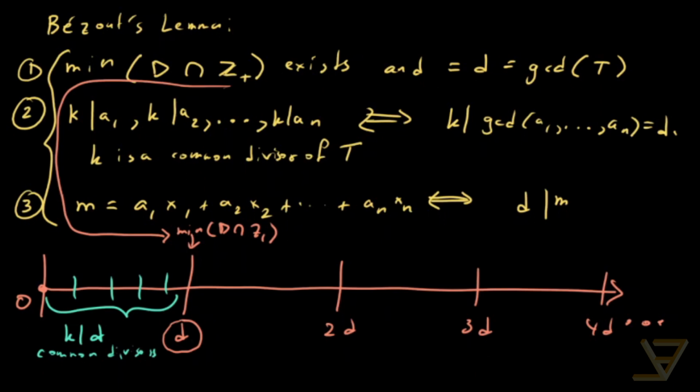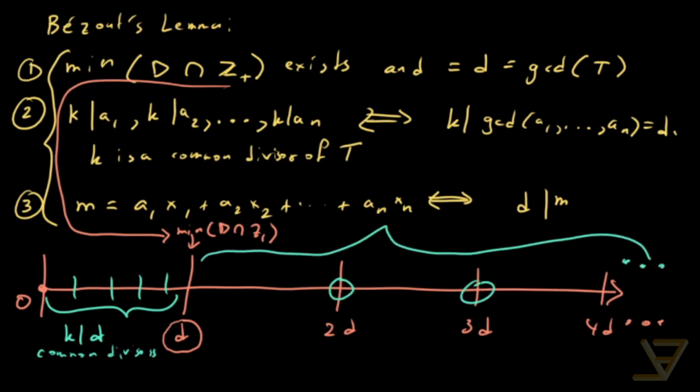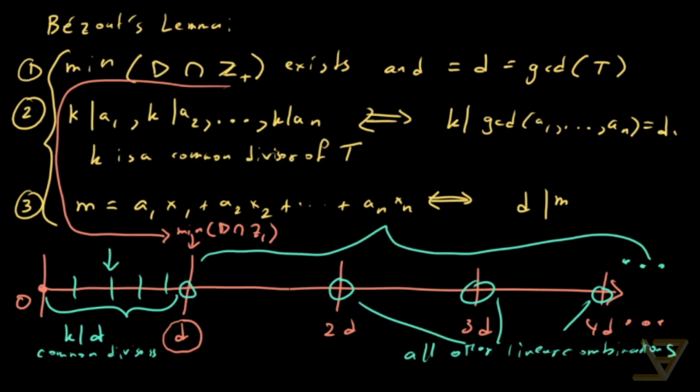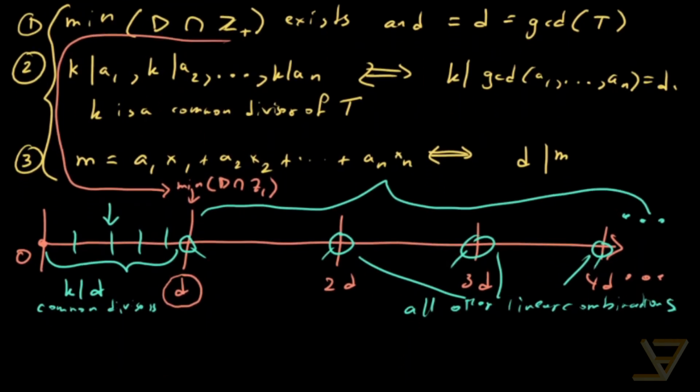And if you look at this part over here, then these integers, the multiples of the greatest common divisor, are equal to all other linear combinations. So the number line is divided into three parts. One is this, which is between 0 and d. One is d itself, and the rest is the multiples of d. So that is how I would visualize Bézout's lemma.